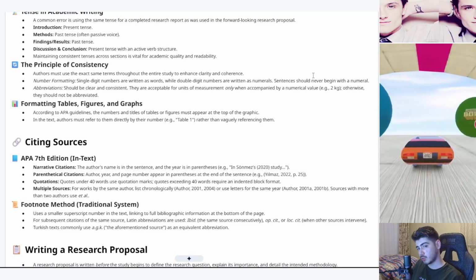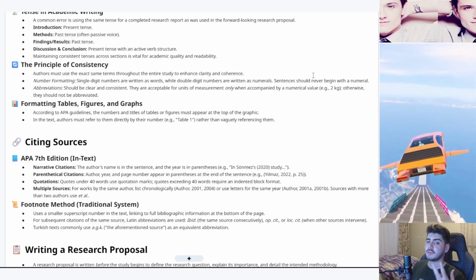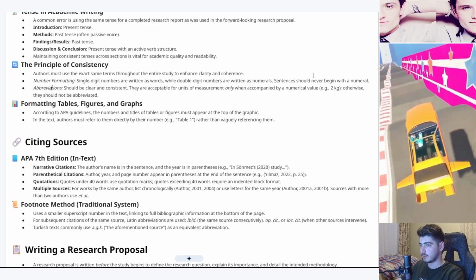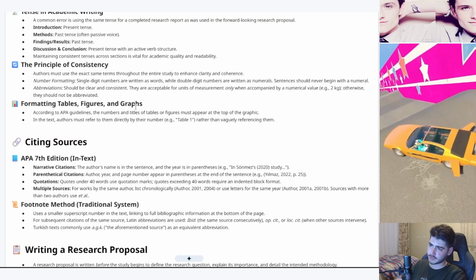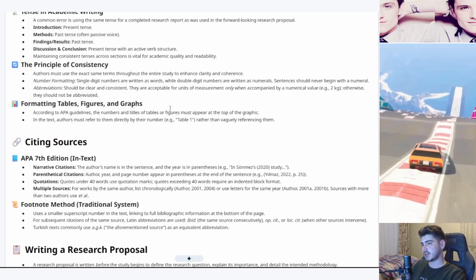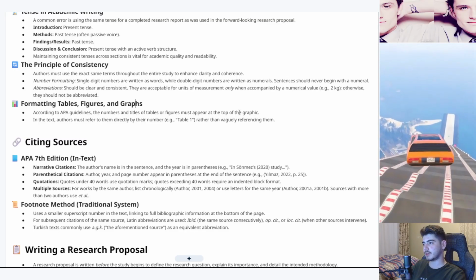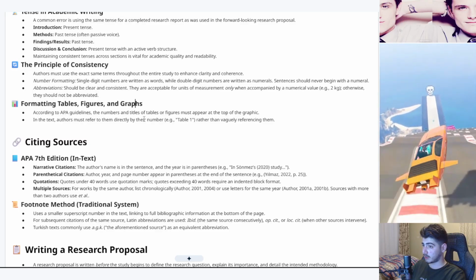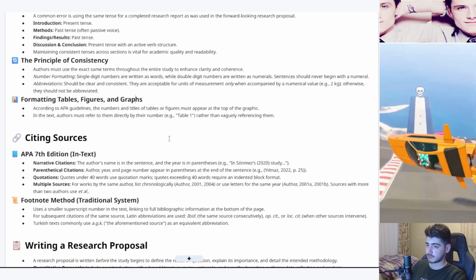But when you are saying, for example, 50 grams, you can put 50 g. In the formatting of tables, the numbers and titles of tables or figures must appear at the top of the graphic, and the authors must refer to them directly by their number, like Table 1.